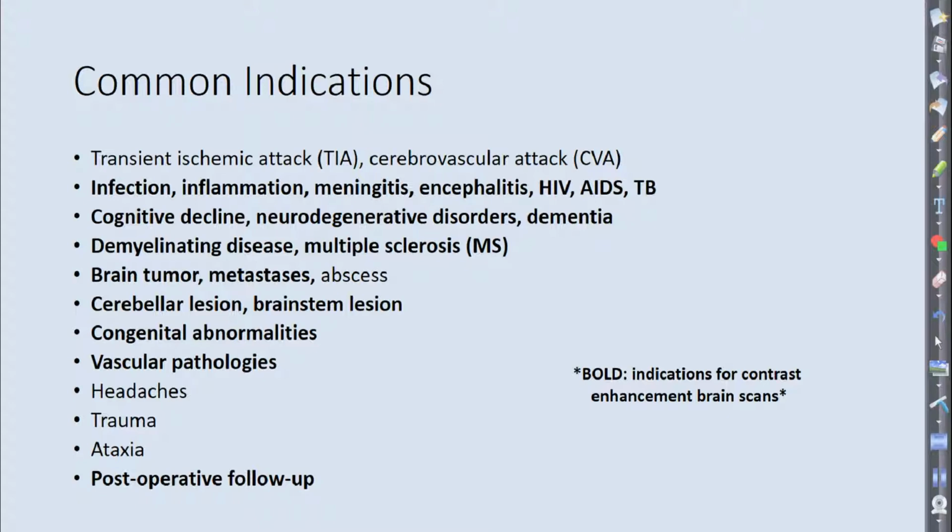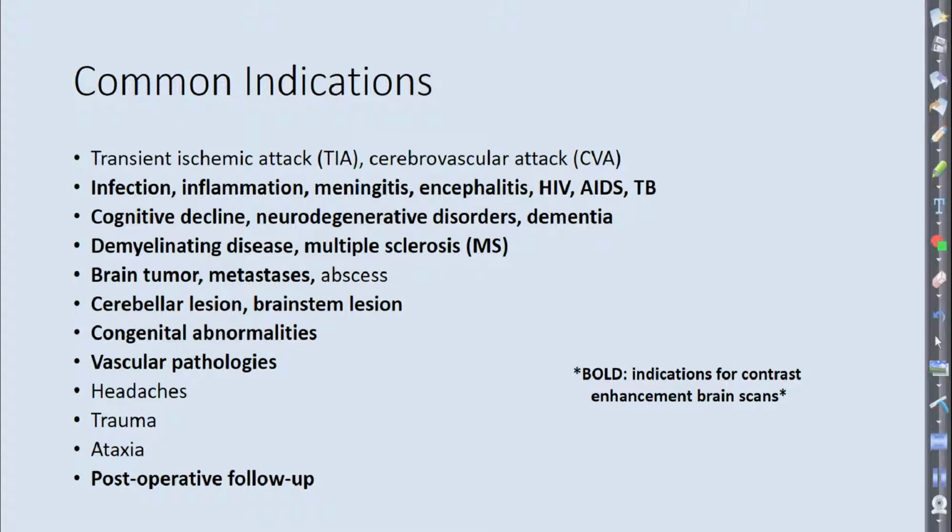Vascular pathologies. So aneurysms, stenosis, where our arteries narrow through arteriosclerosis. Any type of dissection, where you have almost a cut right through the middle of an artery or a vein. And then you have your more less serious things, headaches.